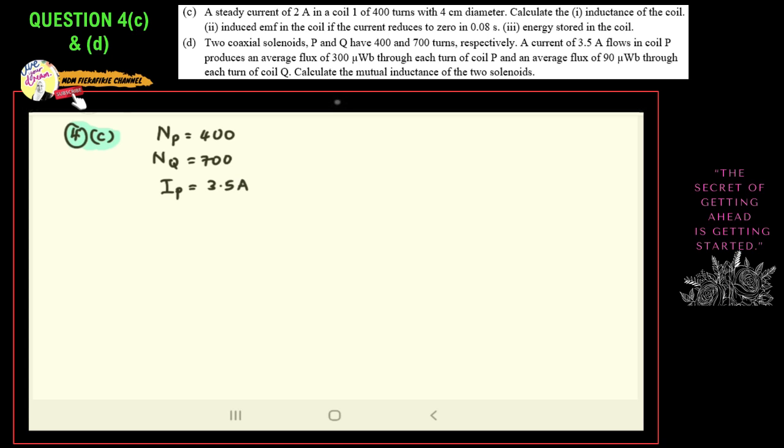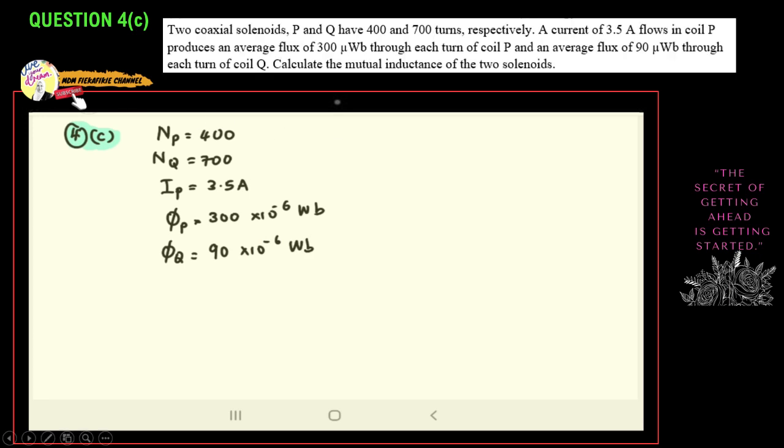The average flux of 300 microweber through each turn of coil P. So the flux of P is 300 microweber, and for Q is 90 times 10 power of negative 6 Weber.